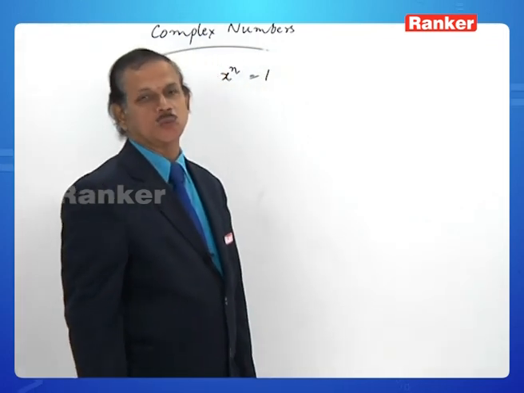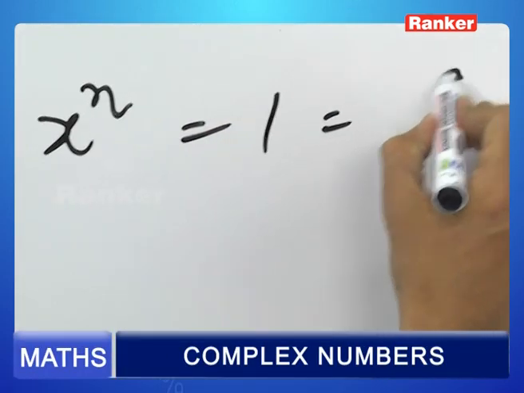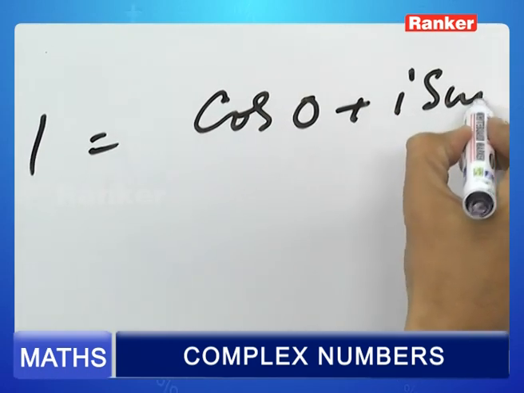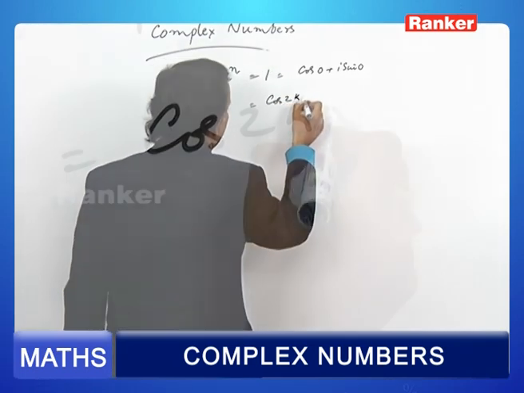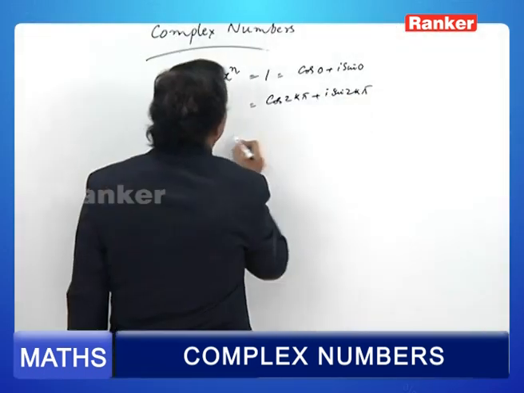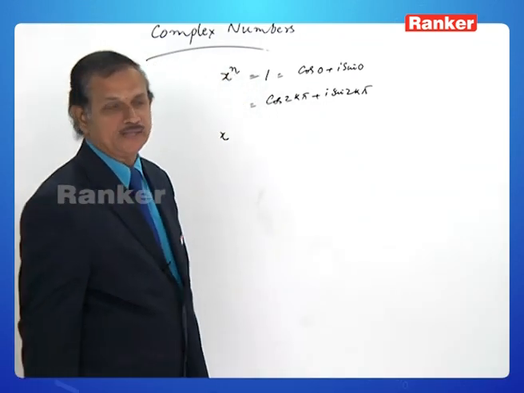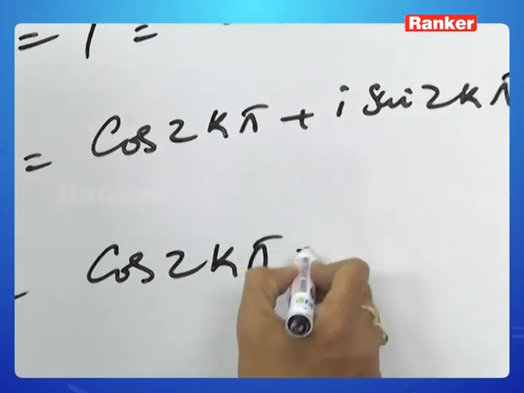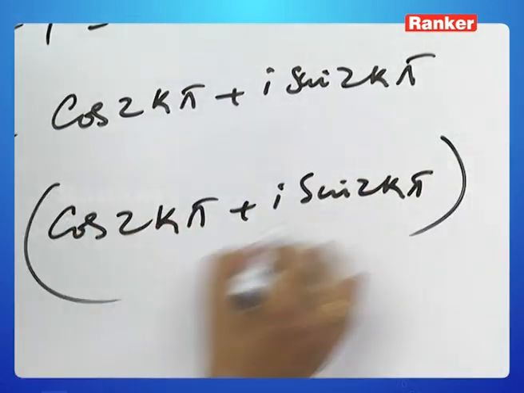And 1 is nothing but cos 0 plus i sin 0, that is nothing but cos 2k pi plus i sin 2k pi. So x is equal to cos 2k pi plus i sin 2k pi whole to the power of 1 by n.